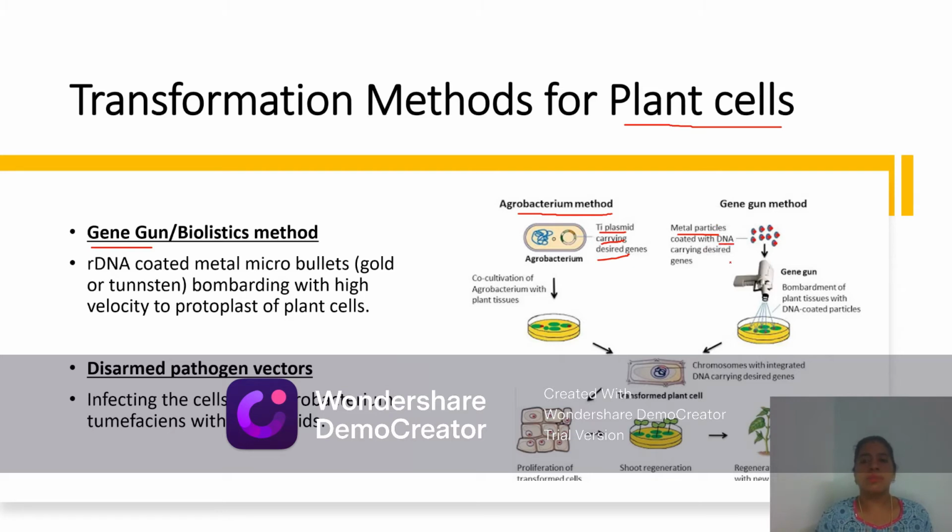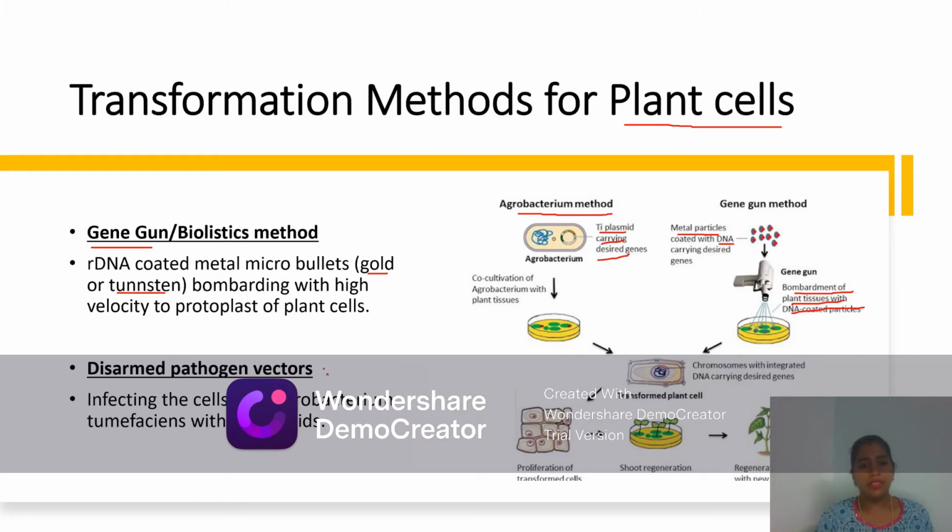Instead of putting it into a vector, you directly transfer a piece of DNA by coating it onto gold or tungsten bullets. Once it is shot, there's a bombardment of plant tissue with DNA-coated particles. You coat the DNA onto the bullets and shoot directly at the plant cells. That is the biolistic method or the gene gun method.